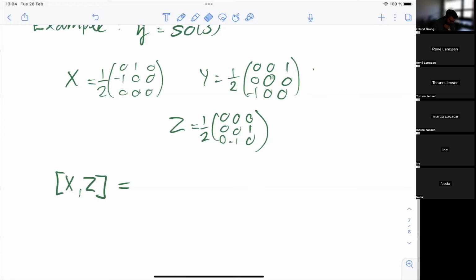Let's see, I should perhaps remove these 1/2s. Sorry about this. I should definitely switch x and y. Sorry, set y.